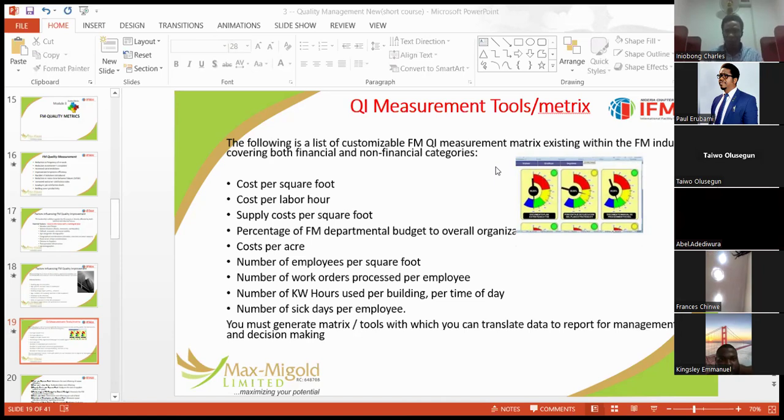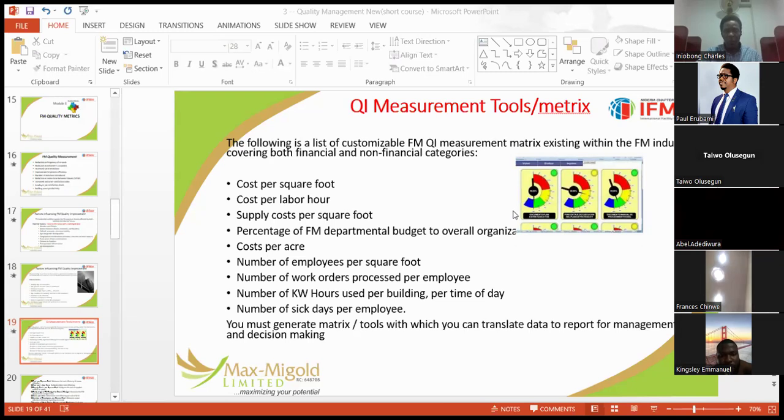This measures space utilization efficiency. All these metrics are things you come up with to check how you can utilize your space, check your labor cost efficiency, and check your cost of supplies and all that.